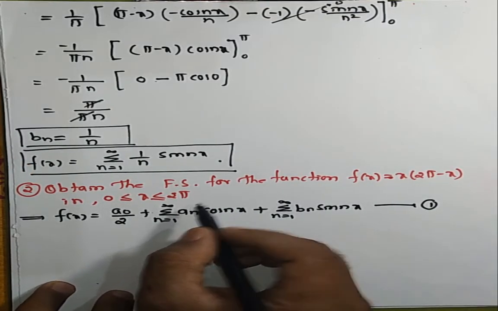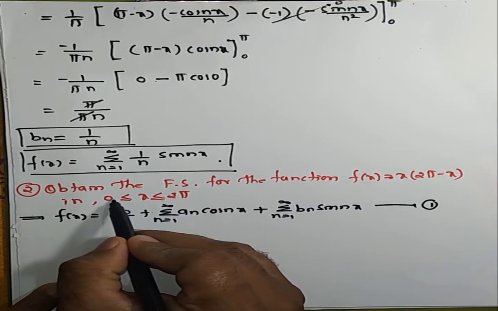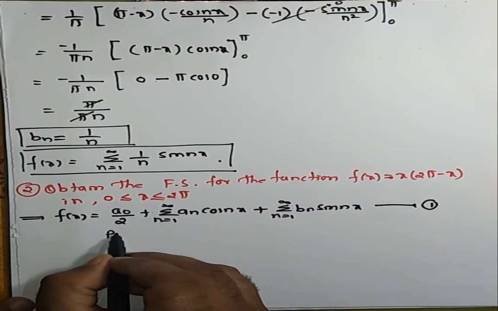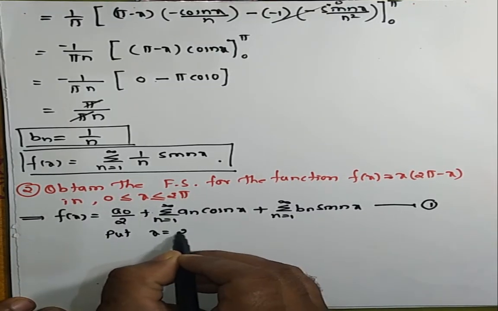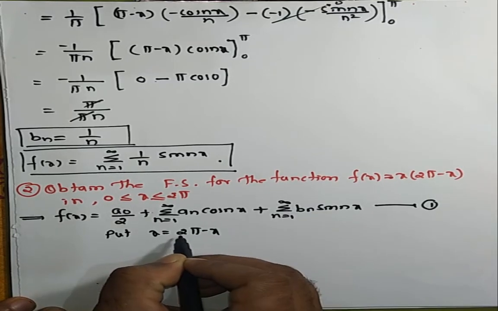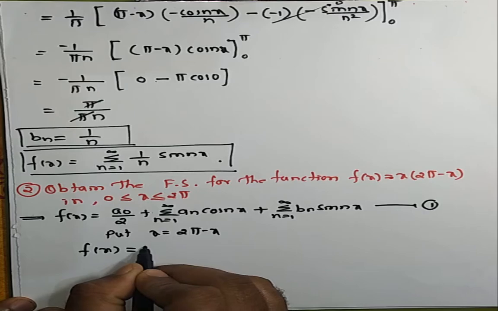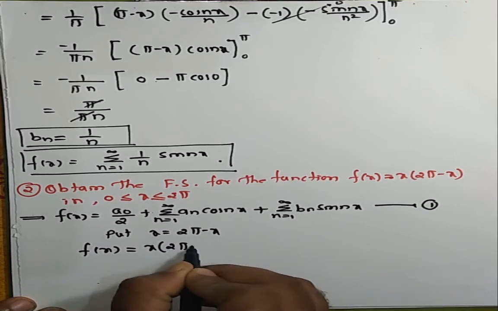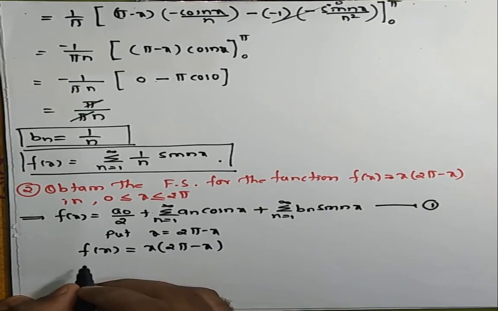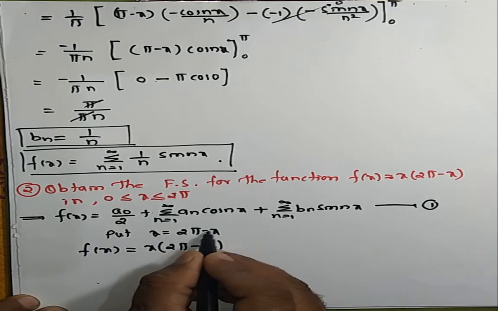As I told you, if the example is given in 0 to 2 pi, so put x is equal to 2 pi minus x in the given function. So the given function is f of x is equal to x into bracket 2 pi minus x. Okay, now put here x is equal to 2 pi minus x.